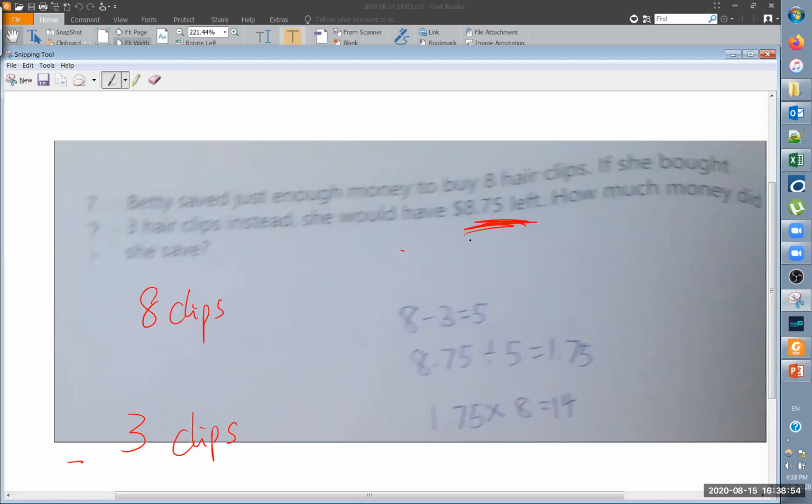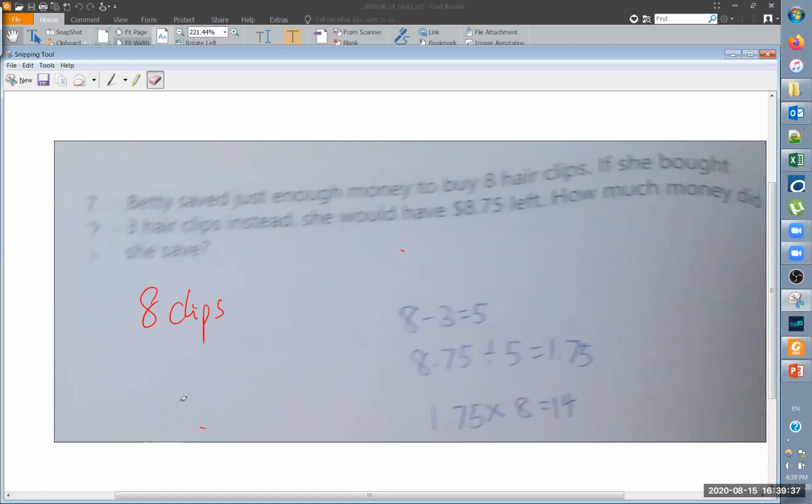That means the $8.75 left is for how many clips? The 3 clips are used, right? So this money left is for the rest. So basically, if you were to draw the branch out, what it looks like is this.